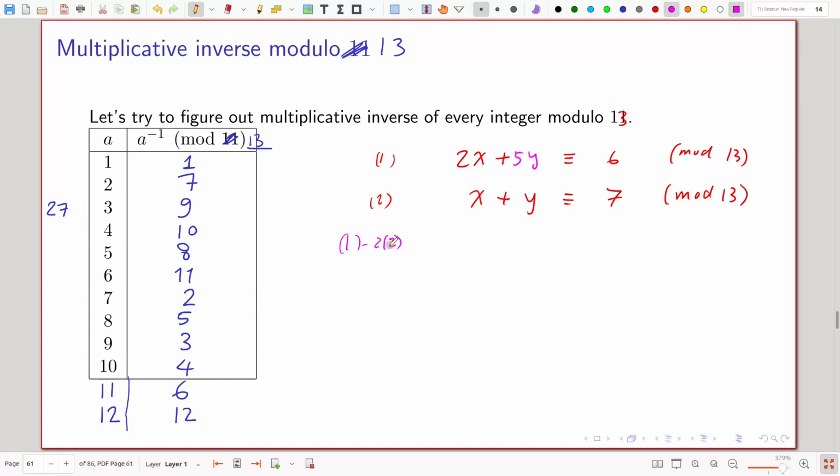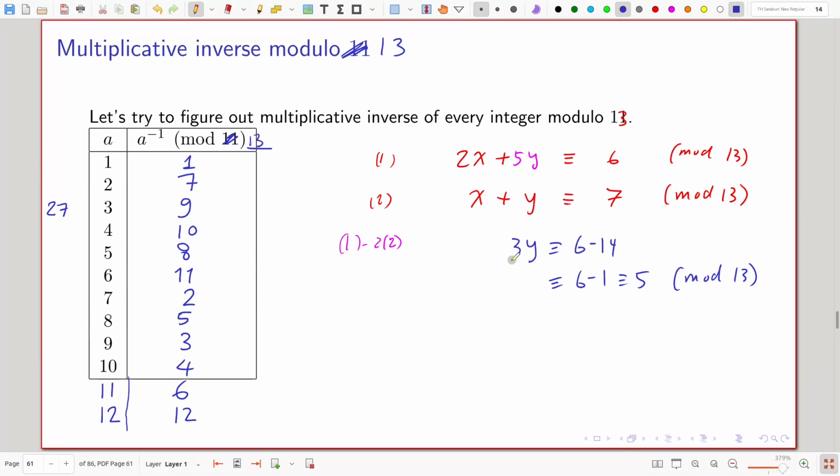But 3y minus 2y, I get y... sorry, 3y minus 2y times... I get 3y equals 6 minus 7 times 2. 7 times 2 is 14, right? But 14 is 1, so 6 minus 1, so it will be 5 mod 13. Then I need to divide by 3, right?